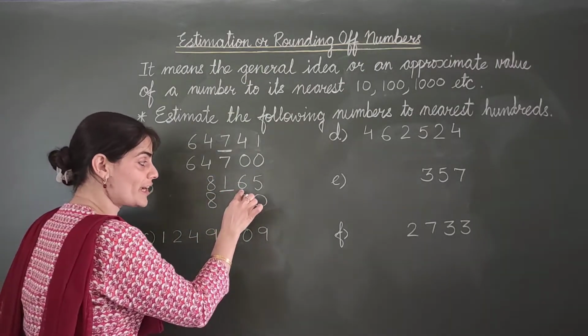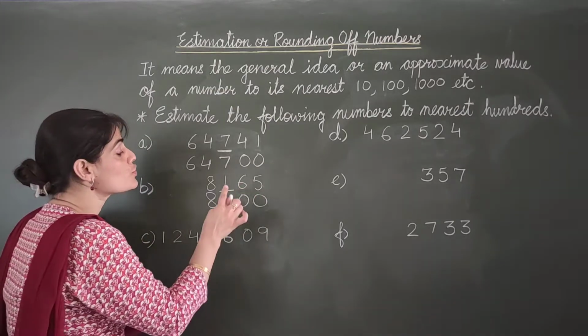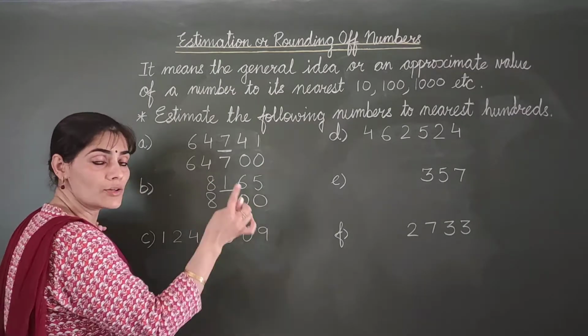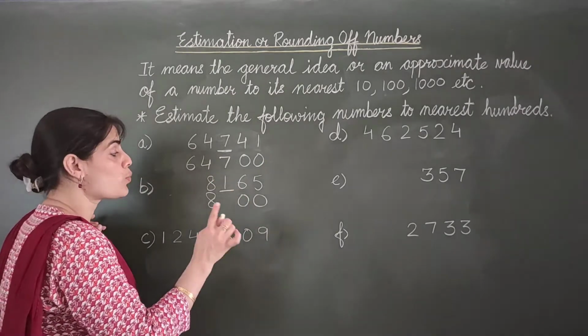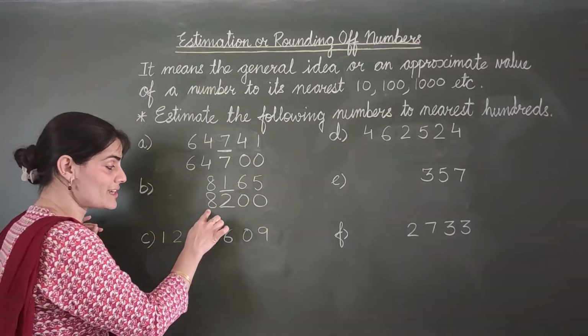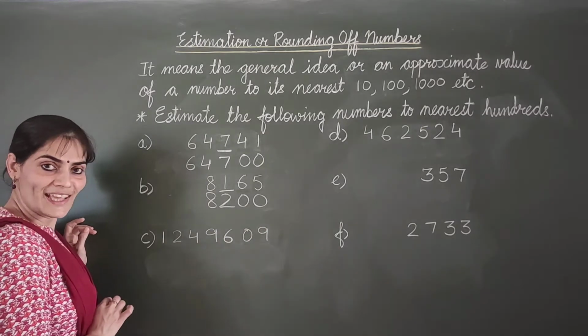Now what do I find? The digit at tens place is more than 5. So we will have to increase the digit at hundreds place by 1. 1 plus 1 makes it 2. So I write here 8,200.